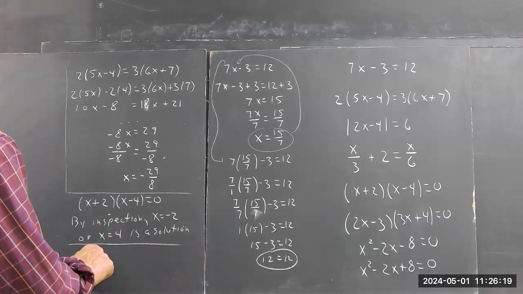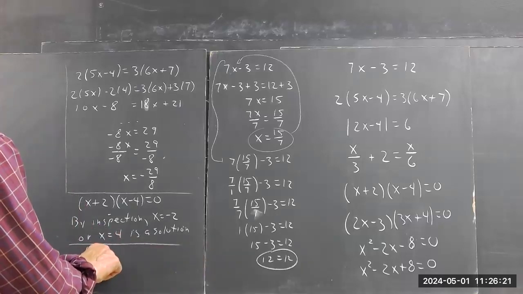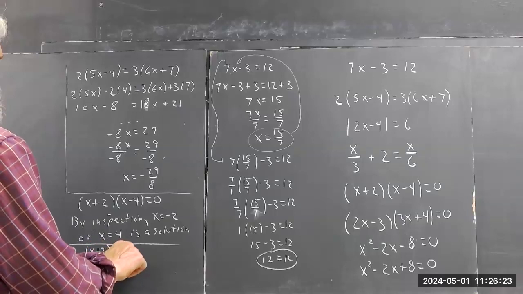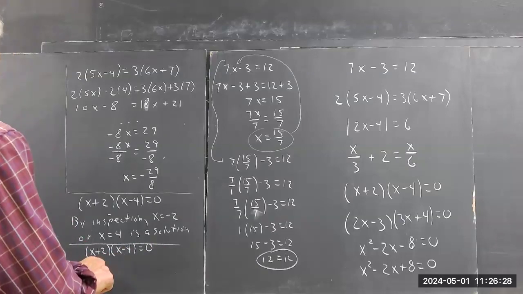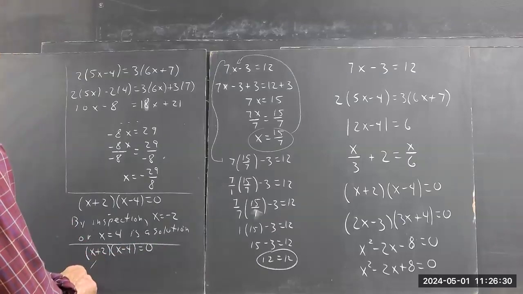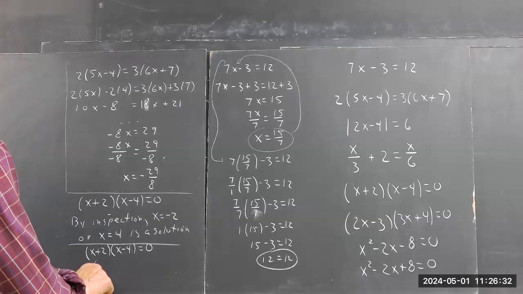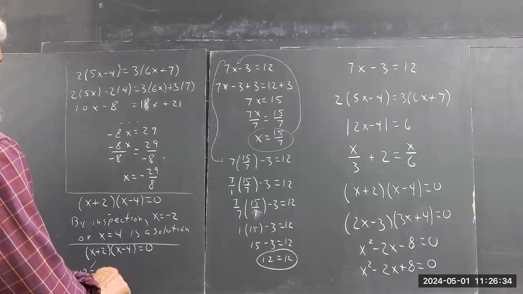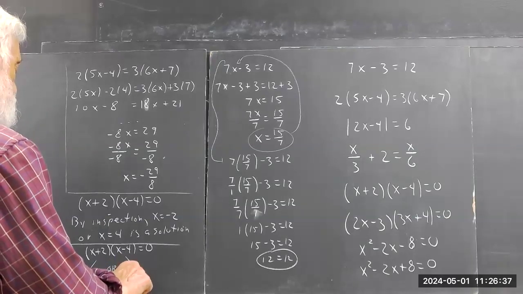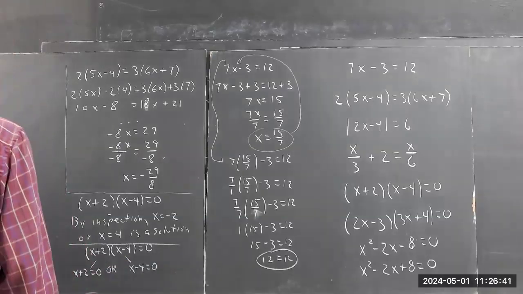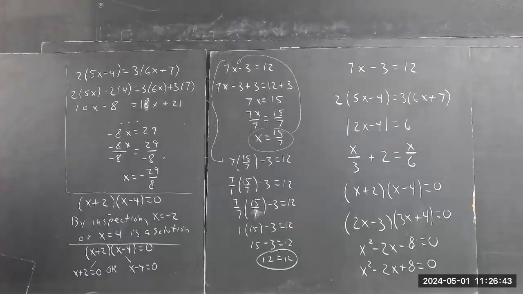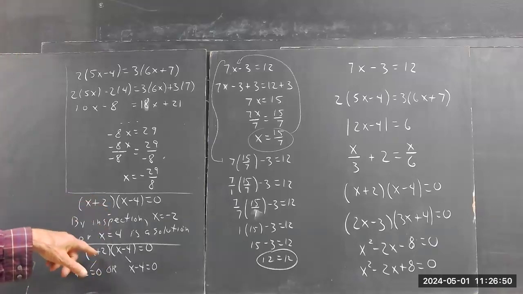we break this down, and we have x plus 2 times x minus 4 equals 0. And we use that fact to break this into two equations. And my advice when we did this was always write this or, because this would make it 0. If this is true, the whole thing is 0.